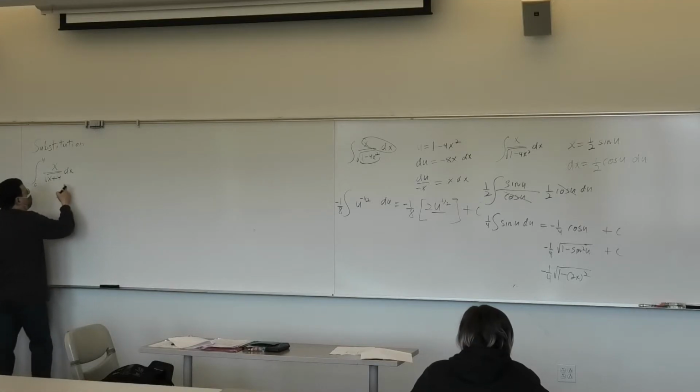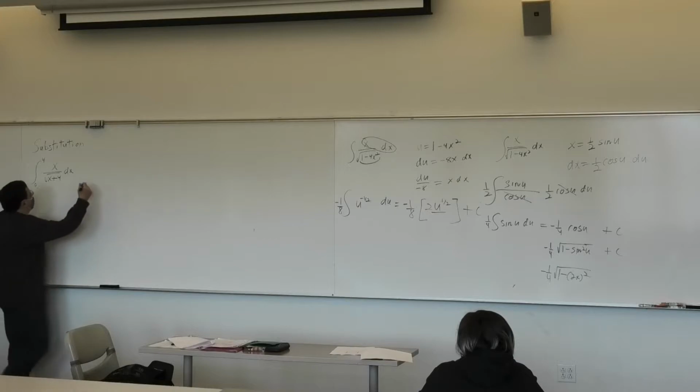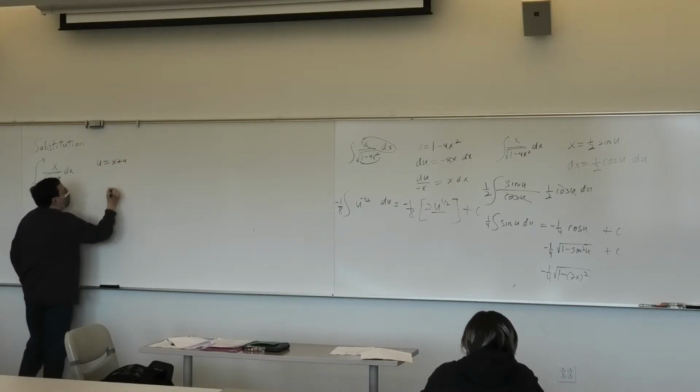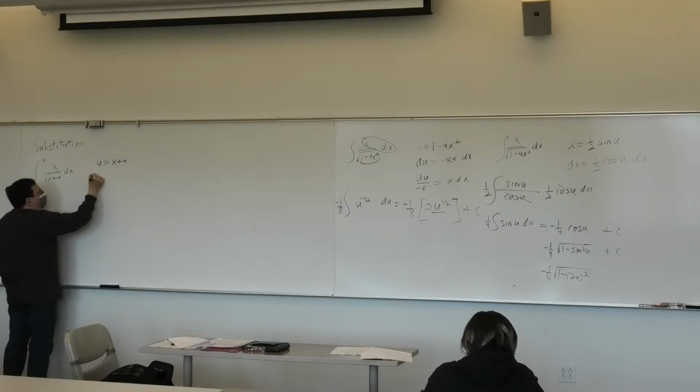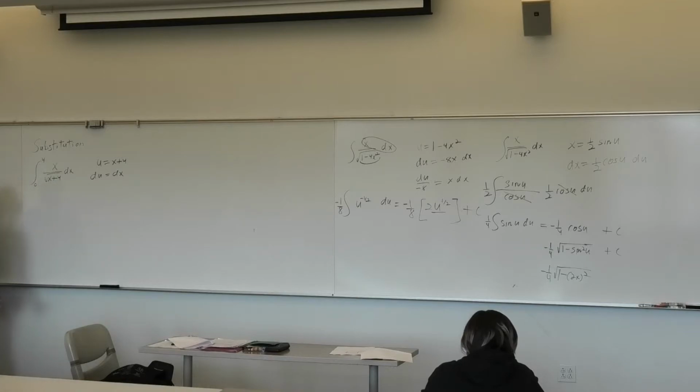So the obvious substitution here is either we're going to have u as x plus 4, or we're going to have u squared as x plus 4. I think we're going to go with the former. That makes du equal to dx. That's nice and simple.